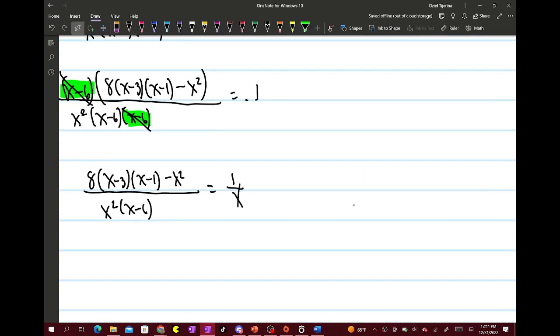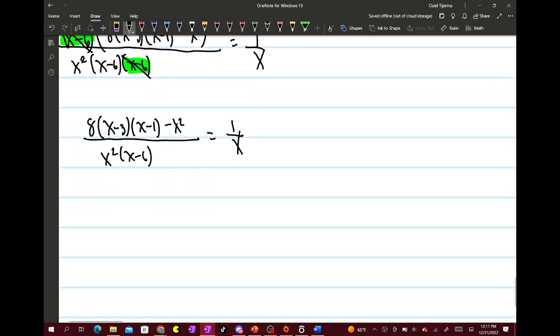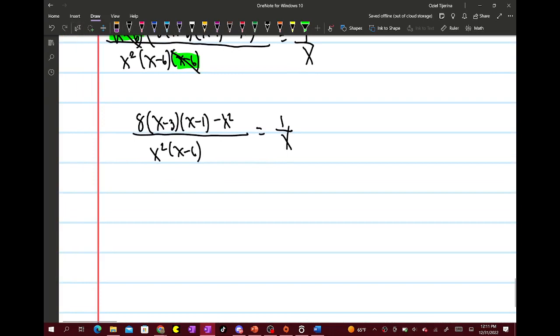Because really, the whole time it was equal to 1 over x. It's an equation. So now we know we have an x right here, and we want to get to this. We already have an x squared here, and we have an x minus 6, so we can easily get to that.